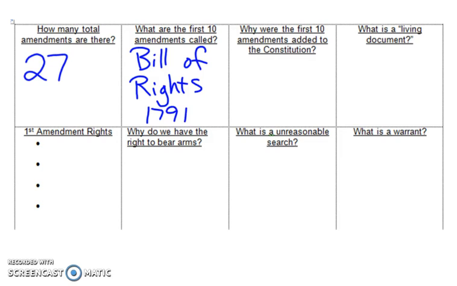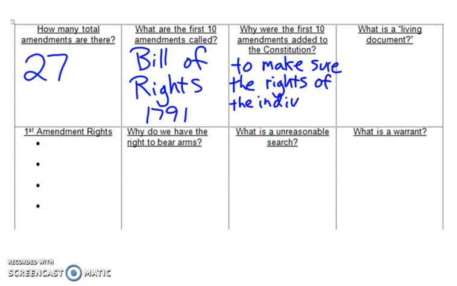The first 10 amendments were added to the Constitution for one reason: to make sure the rights of the individual were guaranteed.